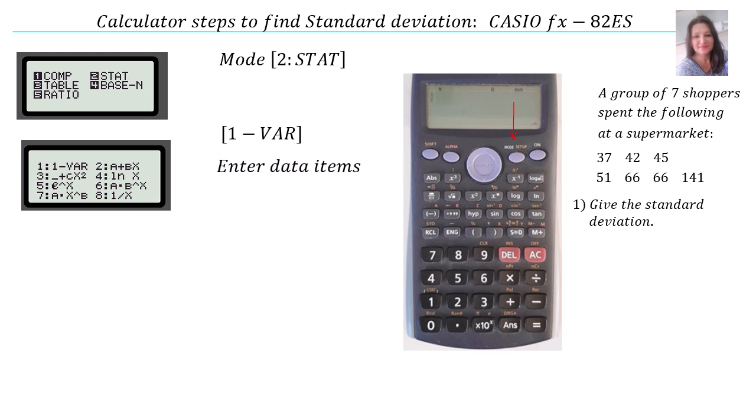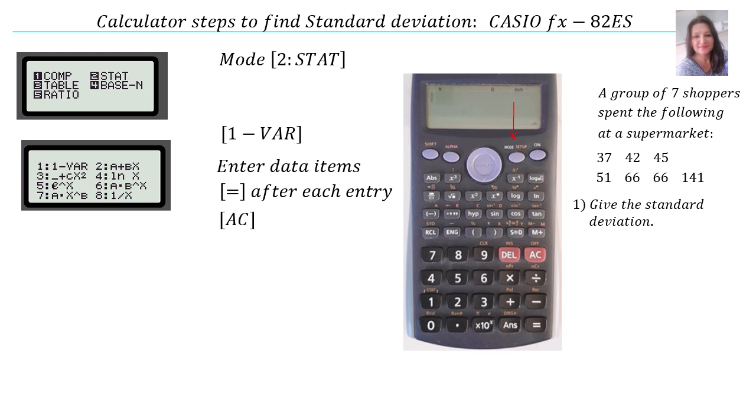Then we will enter the data. So you can do it with me. The data is 37, and then after each entry you press equals. So 37 equals, 42 equals, 45 equals, 51 equals, 66 equals, 66 equals, 141 equals.